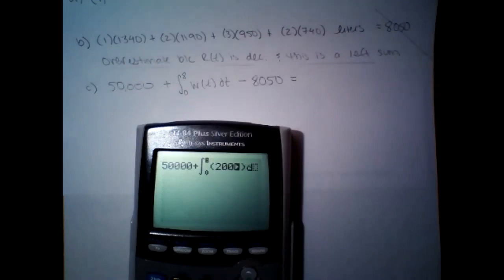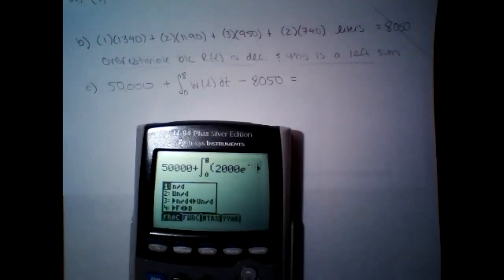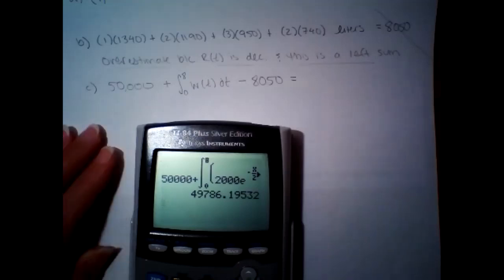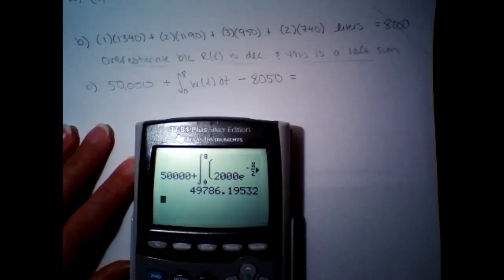It is 2,000, and then e to the power negative, and then a fraction x squared over 20, dx. All right, and then minus 8,050. And again, it said to the nearest liter, so 49,786 liters are in the tank at time 8.